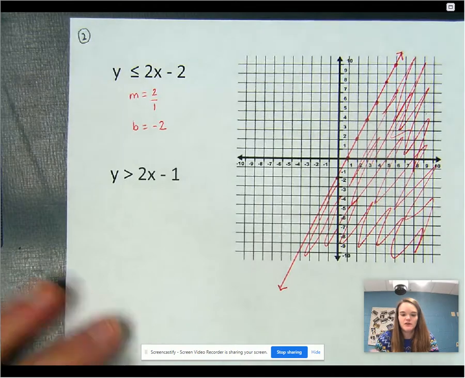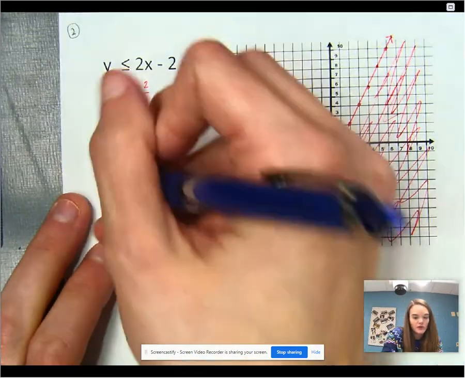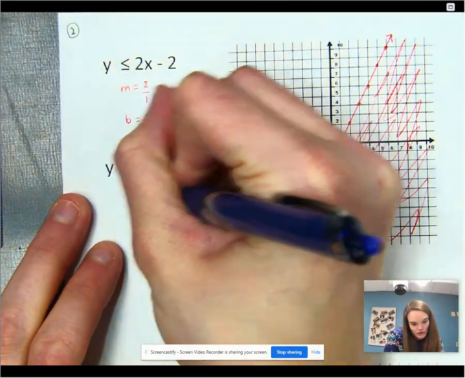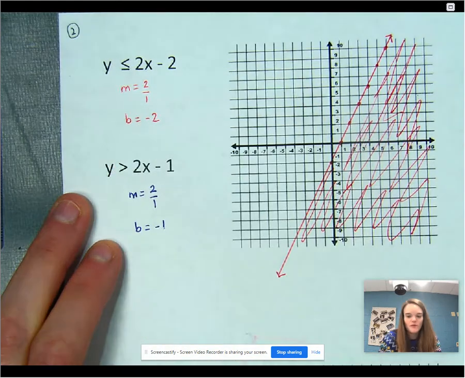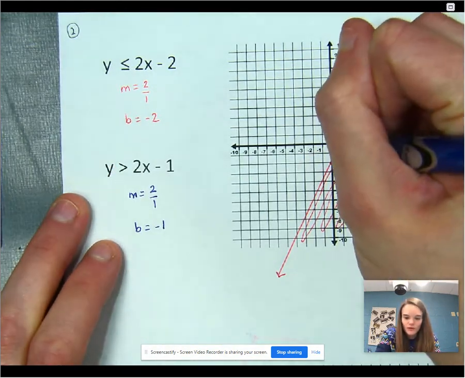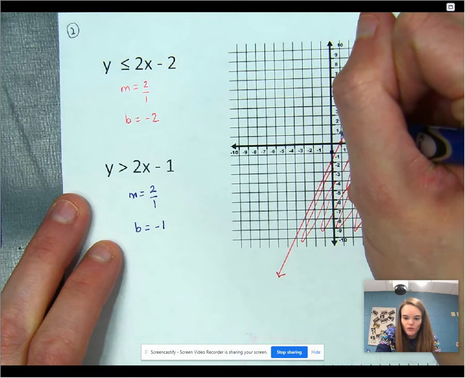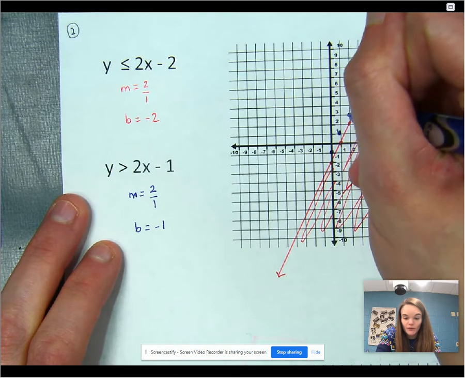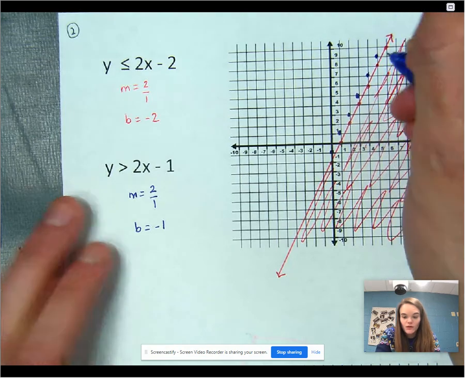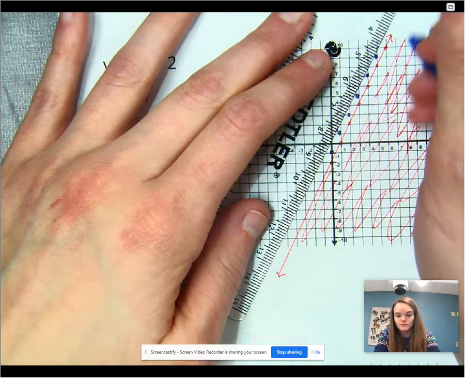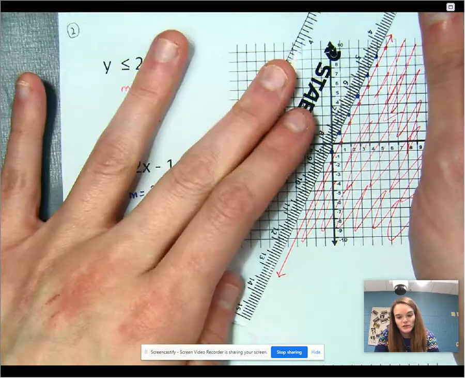Okay, the second equation, or inequality, sorry. M is 2 over 1. B is -1. So -1, up 2 over 1. These are parallel lines, by the way. Dashed.